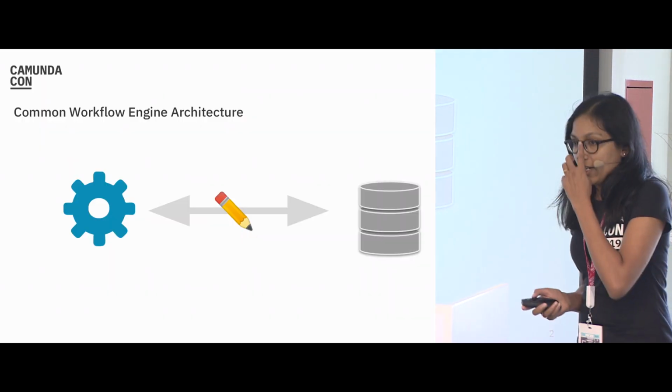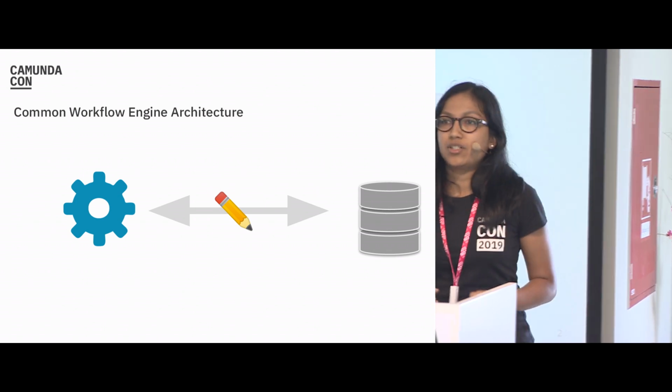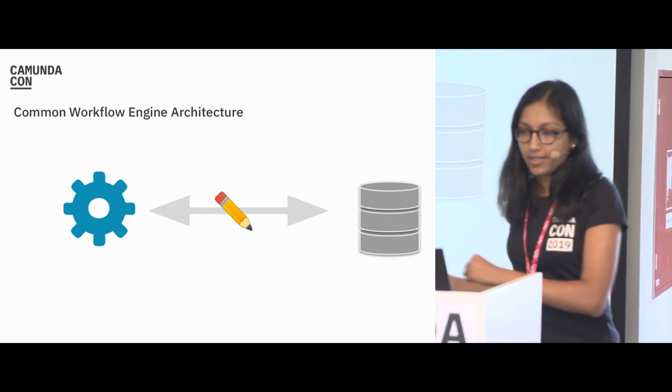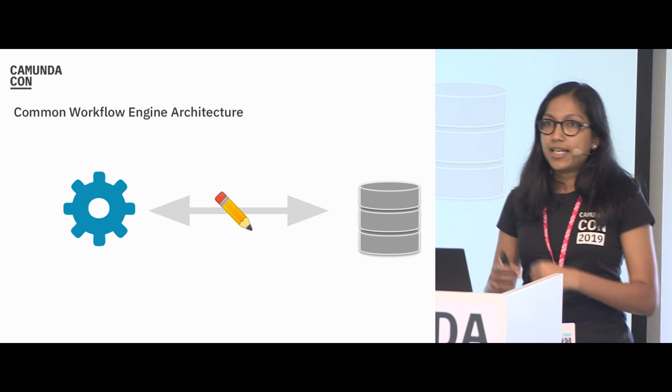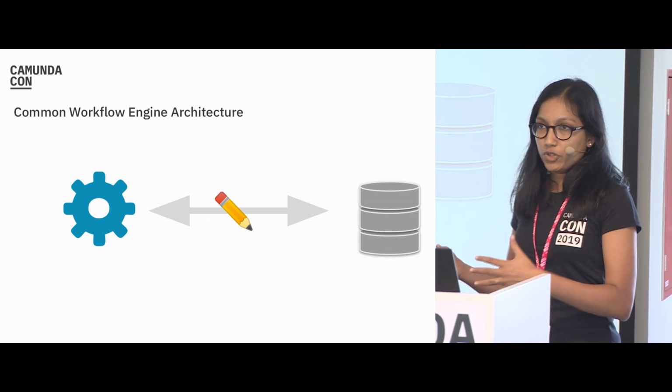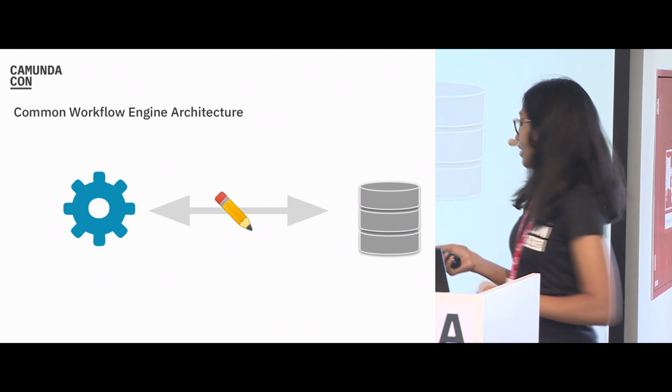So this is a typical architecture of a traditional workflow engine. You have a central database, and you have a workflow engine that stores all the state needed to process a workflow into the central database.